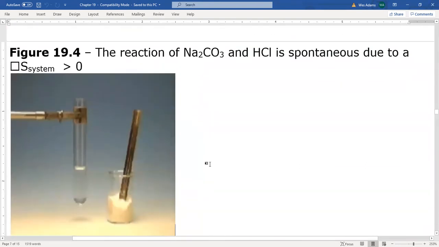We dissolve calcium carbonate into HCl. It's spontaneous due to an entropy-driven process. That is, it is much higher entropy because I end up forming a gas.